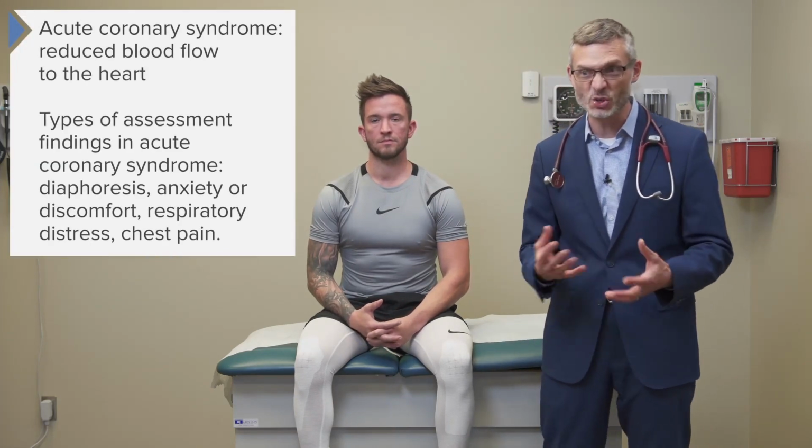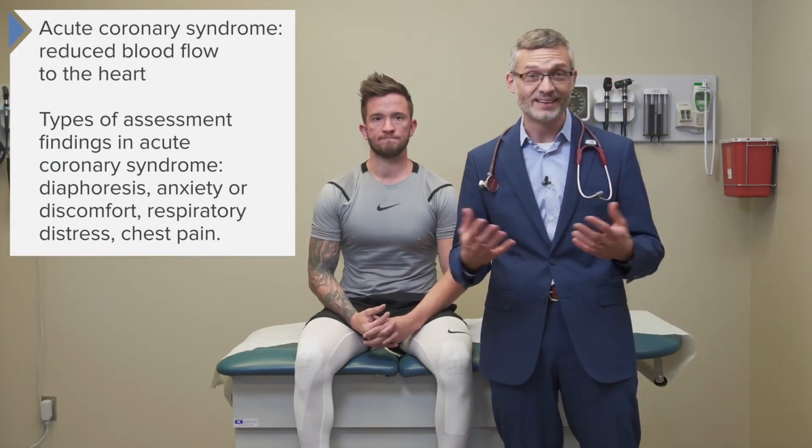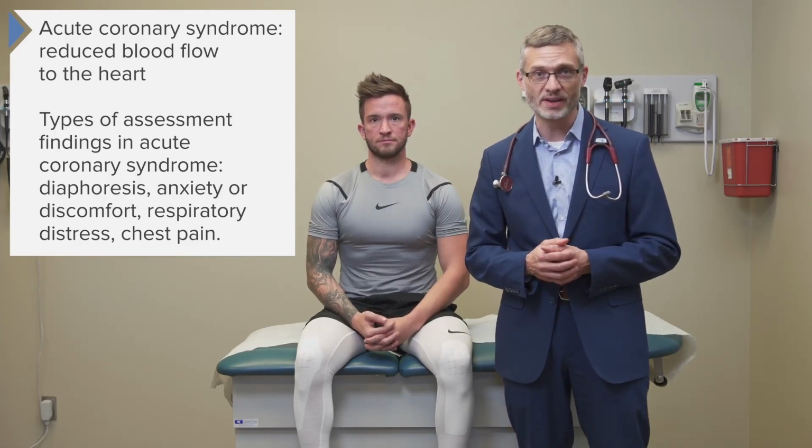And essentially you want to look at your patient and decide whether or not they really are in distress. A patient who's complaining of chest pain could just be from some sort of musculoskeletal injury, and they could be quite comfortable sitting there and not have any other evidence of any systemic or cardiovascular badness happening at the time. In contrast, a person who's in acute coronary syndrome, it shouldn't be that subtle if they have a significant coronary event happening.